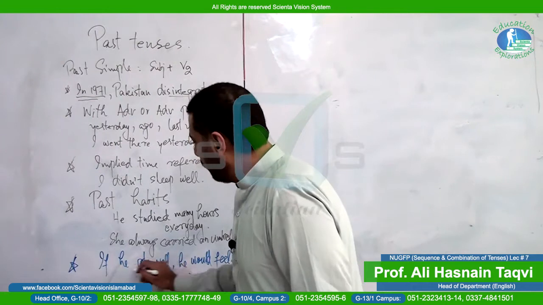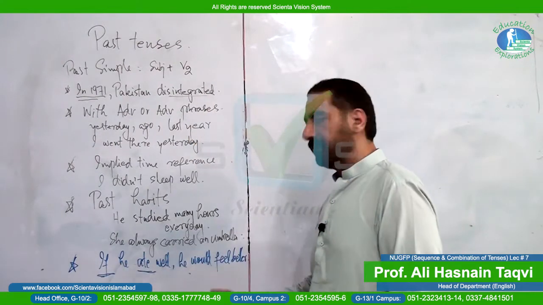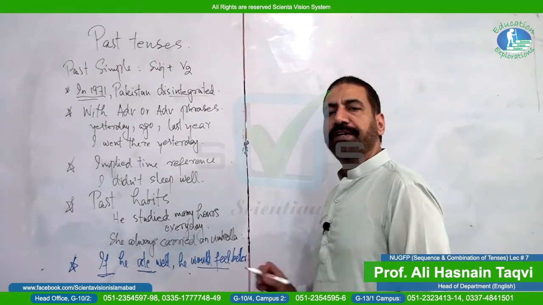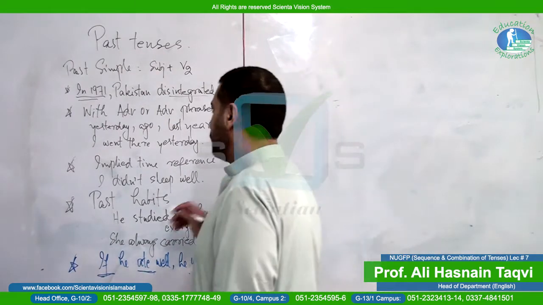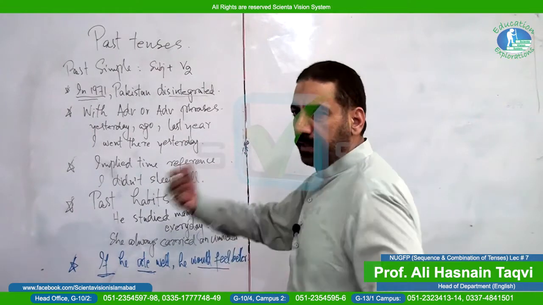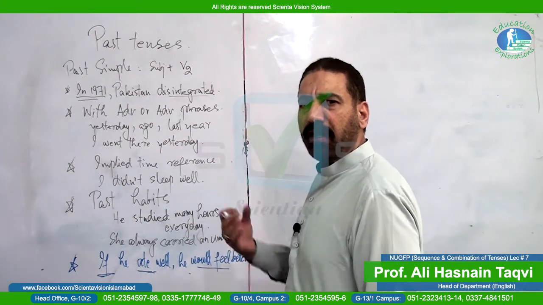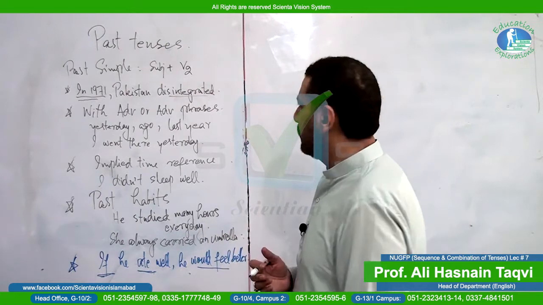So this ate well with if clause is a must, where you are using would V1. You already are familiar with this structure. These past tenses in the process I would show you are required at many other places.